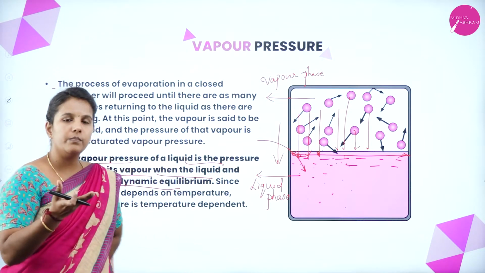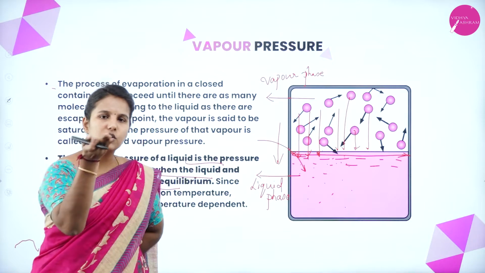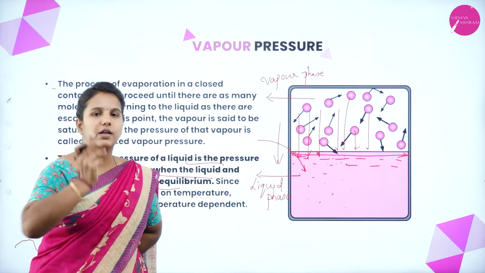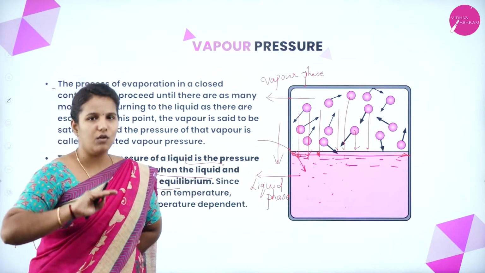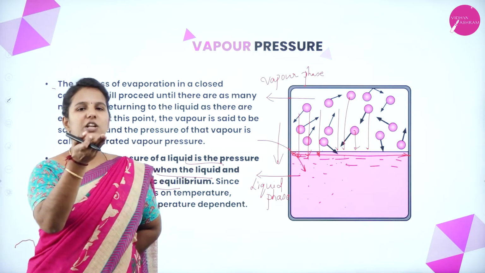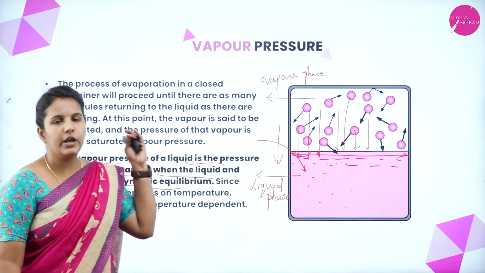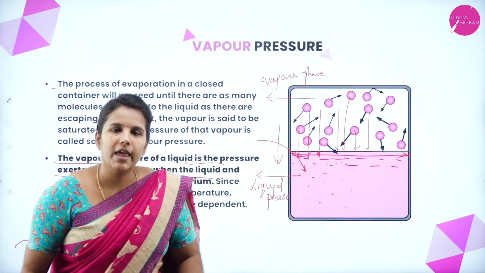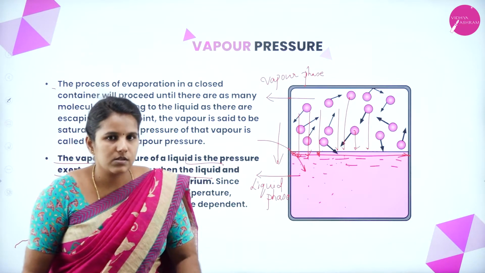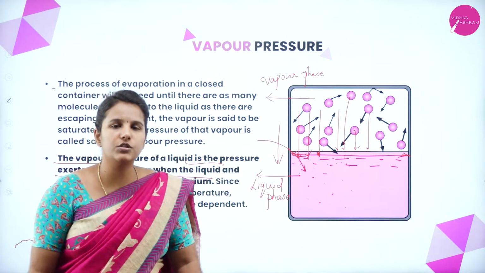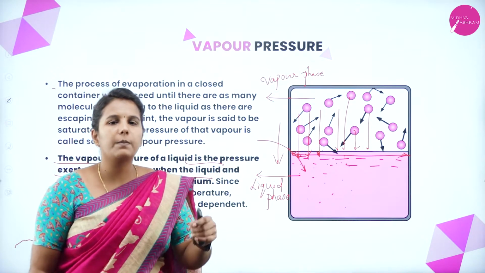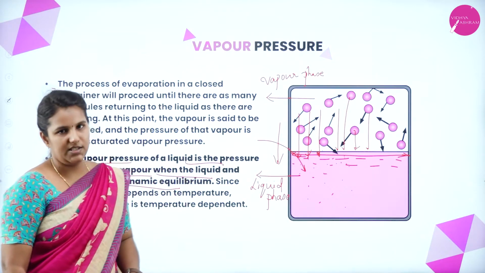Because the solute particles settle at the bottom as well as on the surface of the water, and it does not allow the liquid to evaporate. If there is no evaporation, obviously there will be no vapor pressure exerted by the vapors of the liquid. So, this is how when you add the solute to the solvent, vapor pressure also decreases.